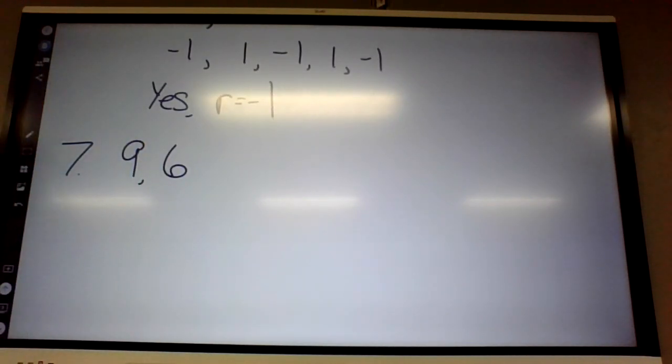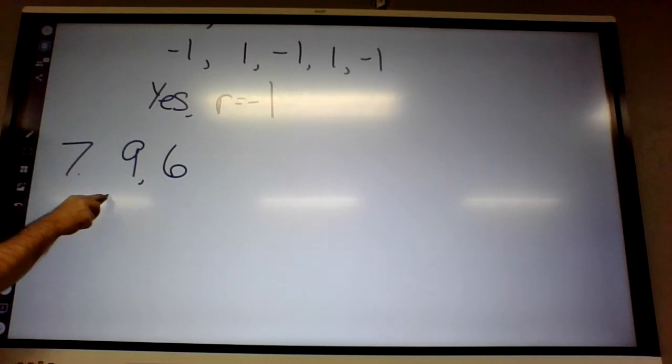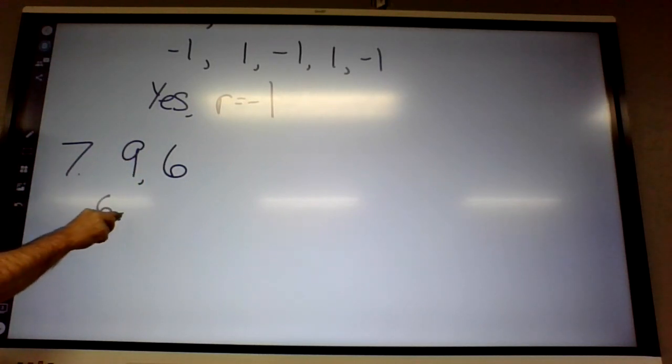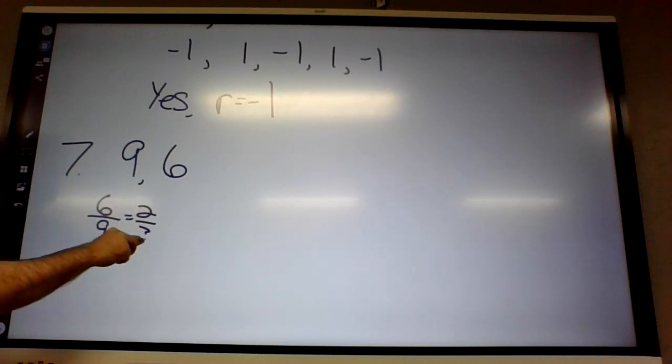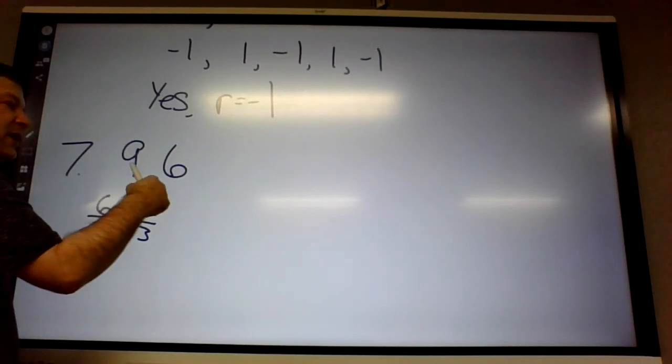Number 7, state the next 3 terms of the geometric sequence. How do we get from 9 to 6? If you weren't sure what the multiplier was, do you remember how I said to find it? 6 divided by 9, which does not come out pretty. It's just 2/3. So we need to find the next 3 terms.